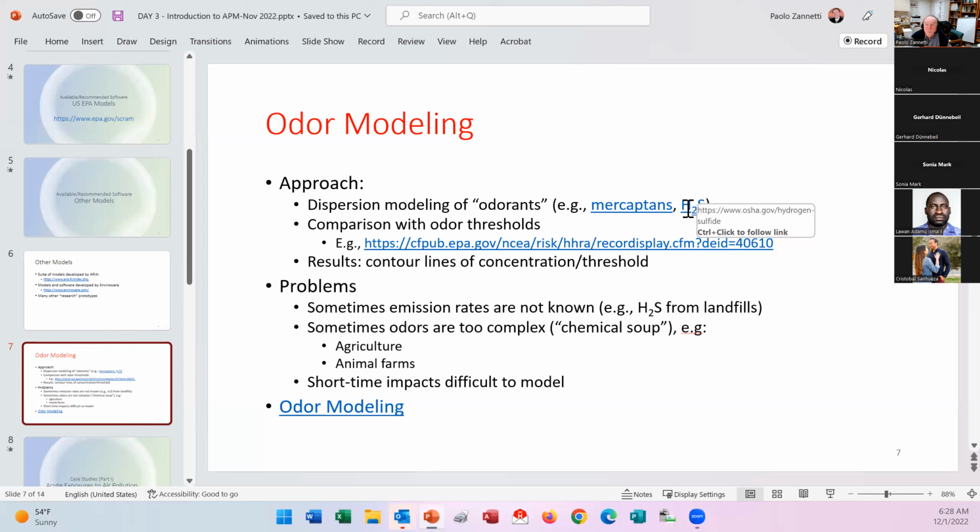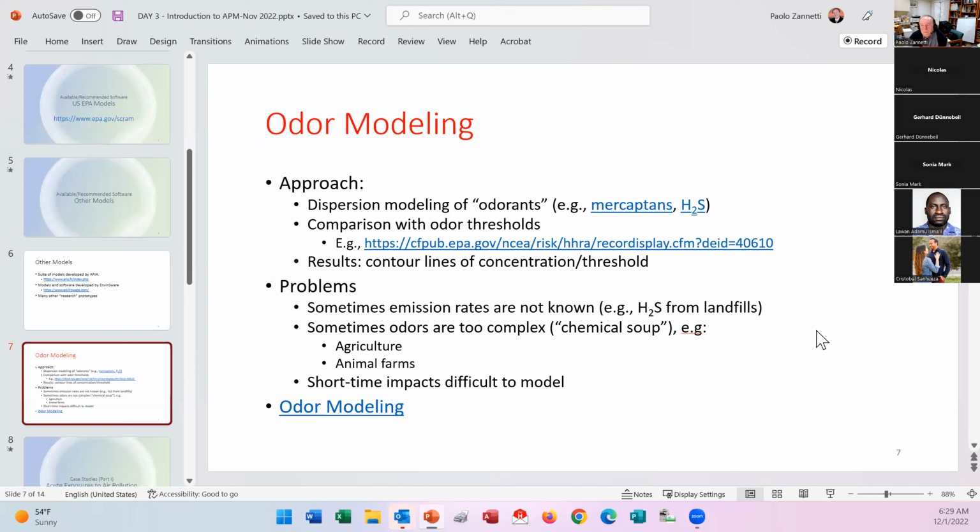H2S is the most common chemical that can be very impacting from the odor point of view. Even a very small amount of H2S, you can smell it. In the literature, you find all sorts of threshold levels for H2S.